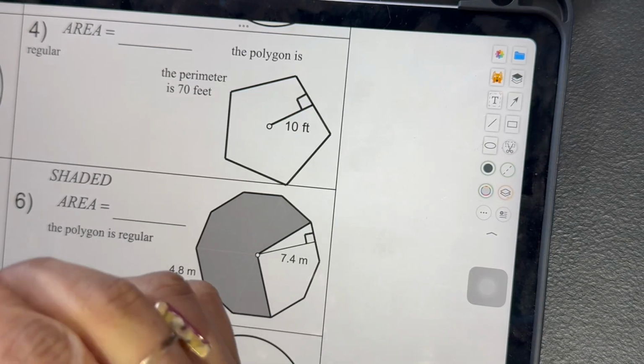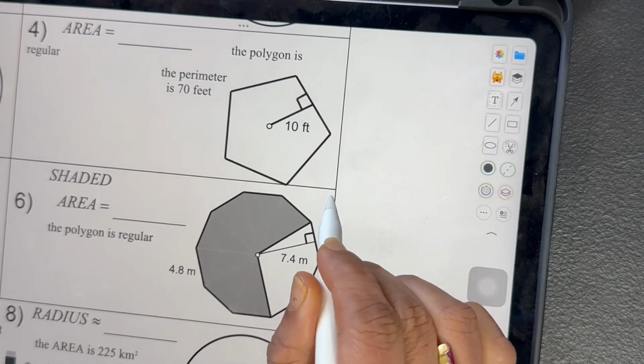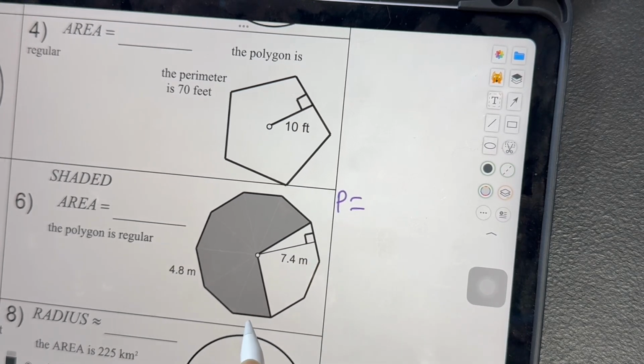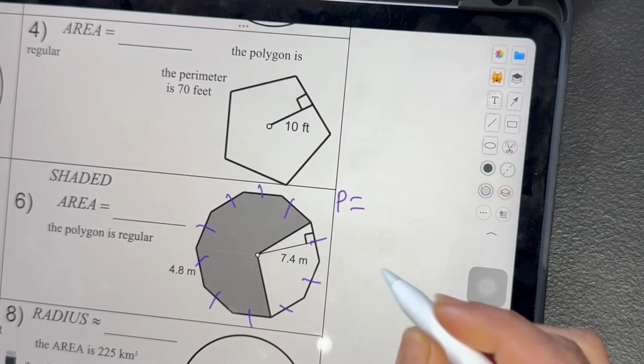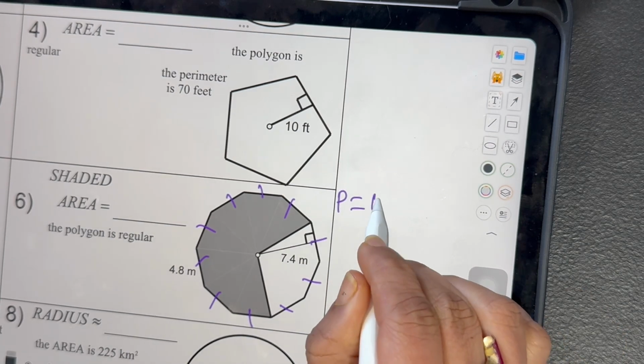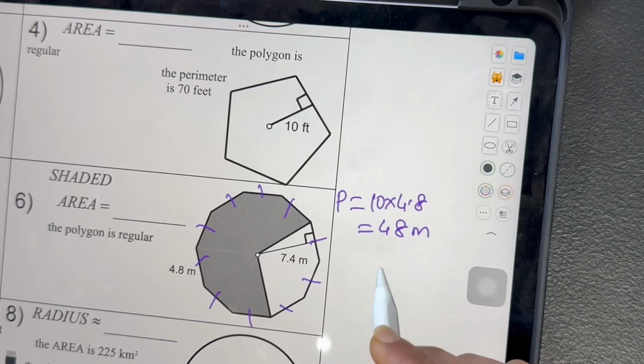I will do part of it, and the rest you can complete, okay? Otherwise my video will get too long. What are the things given? Apothem is, oh, everything is given. The side is given as 4.8. The apothem is given. You just have to find the perimeter. How many sides are there? 1 2 3 4 5 6 7 8 9 10. So the perimeter is 10 times 4.8, which is 48 meters.